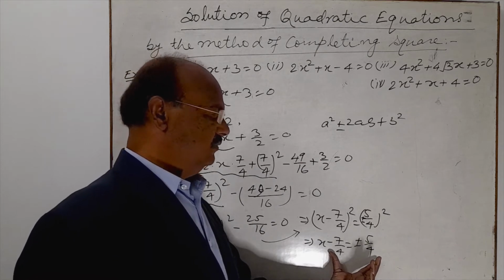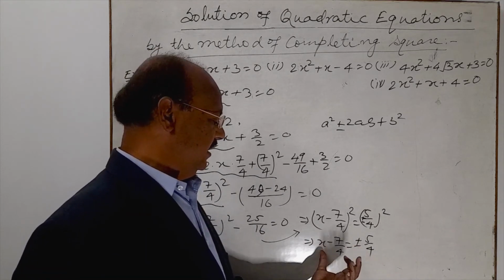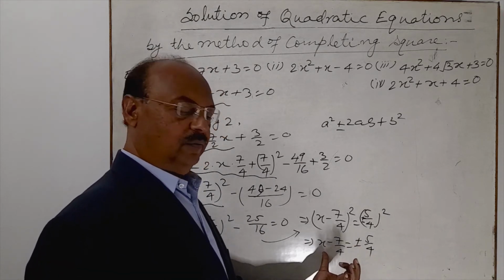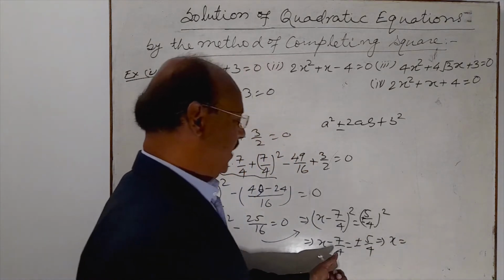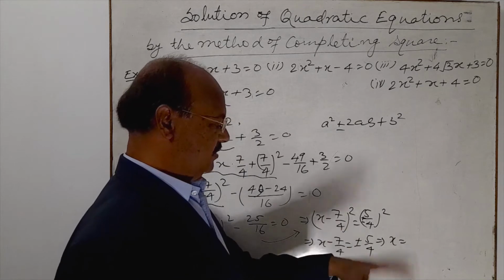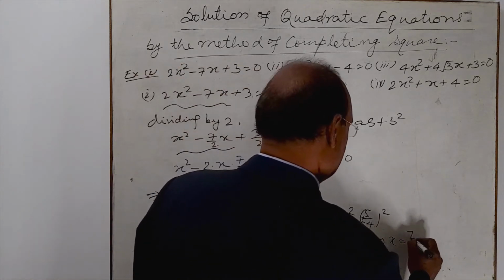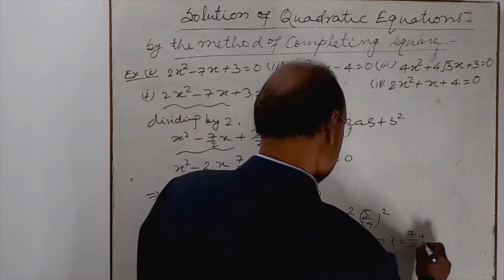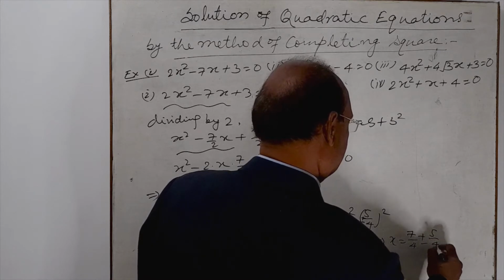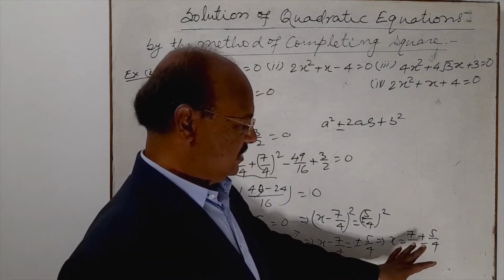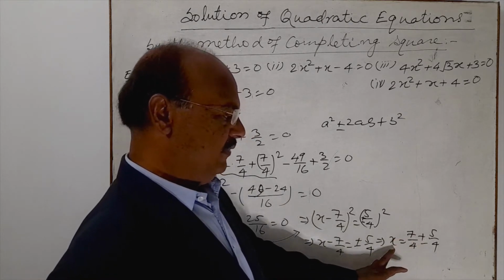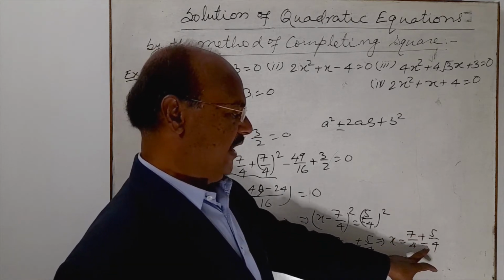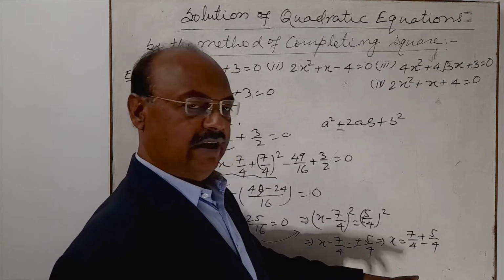With the help of this expression, we can get the value of x. How? x is equal to, this minus 7 by 4 will be transferred to the right hand side, so this is 7 by 4 plus minus 5 by 4. First of all, you take the plus sign, then you get one value of x. And when we take the minus sign, we get another value of x.